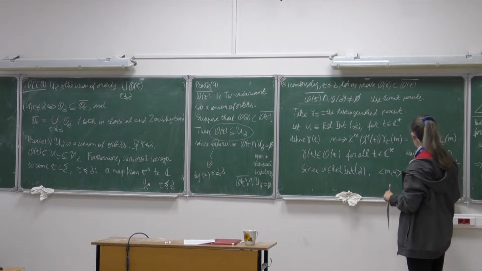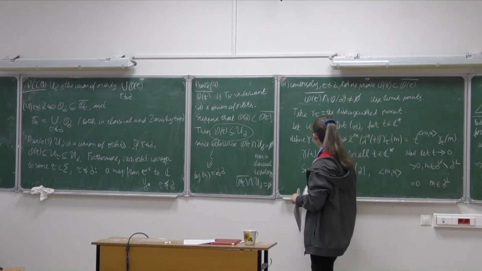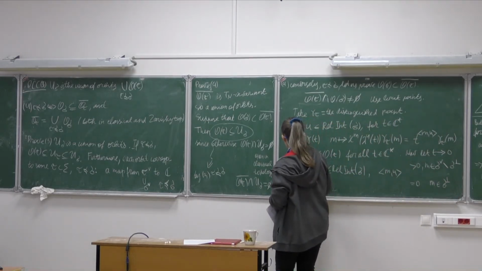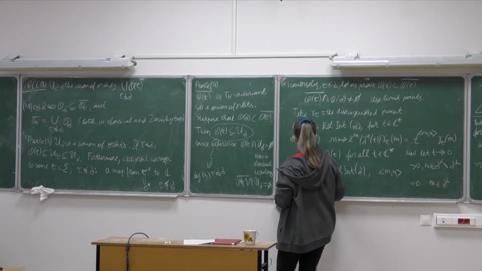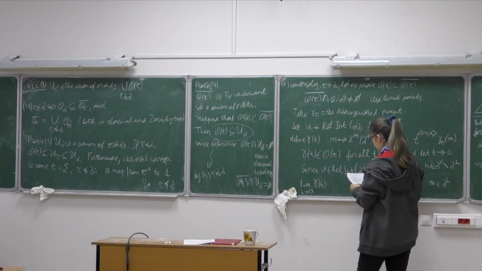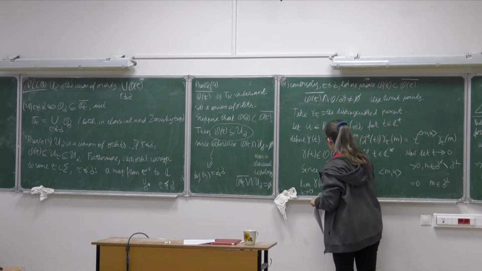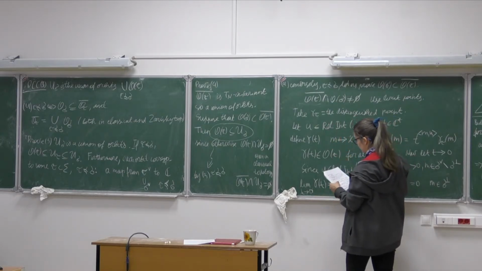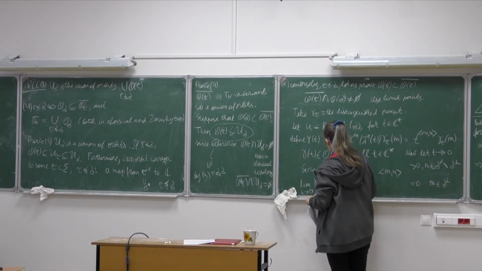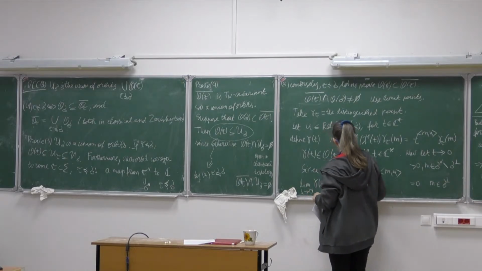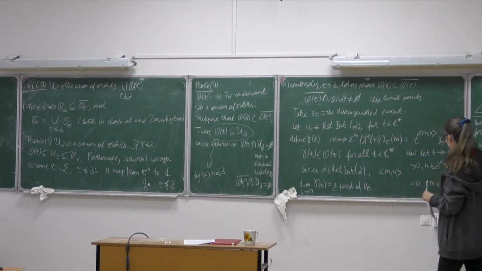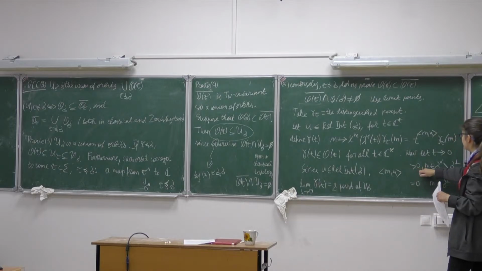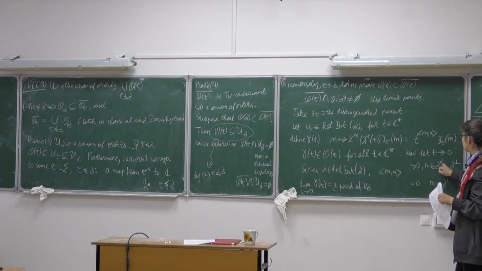And by all this, we know that the limit when t tends to 0 of gamma t will be some semigroup morphism. It will be a point of U sigma, because it will be correctly defined on sigma check.